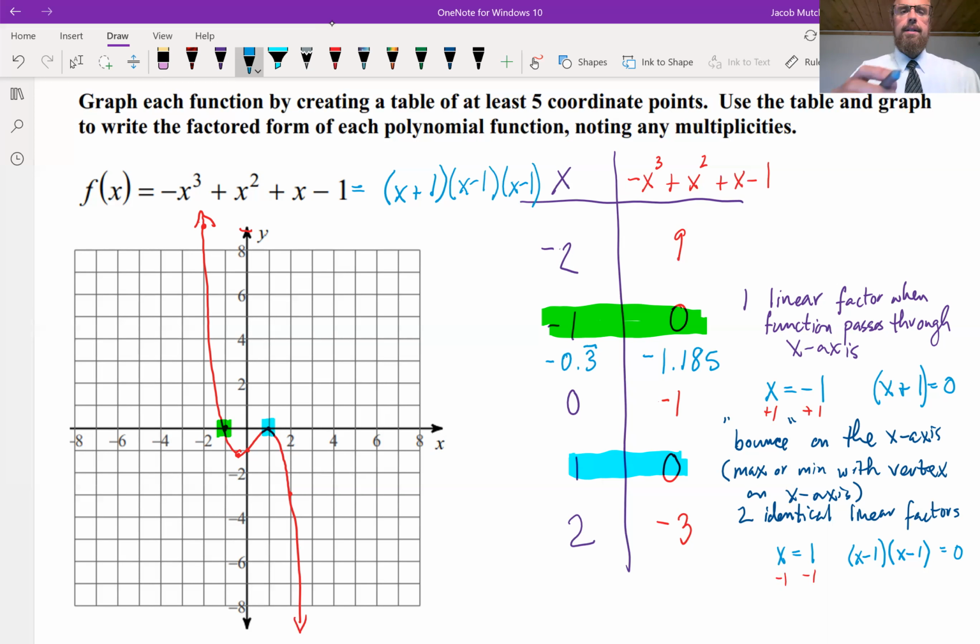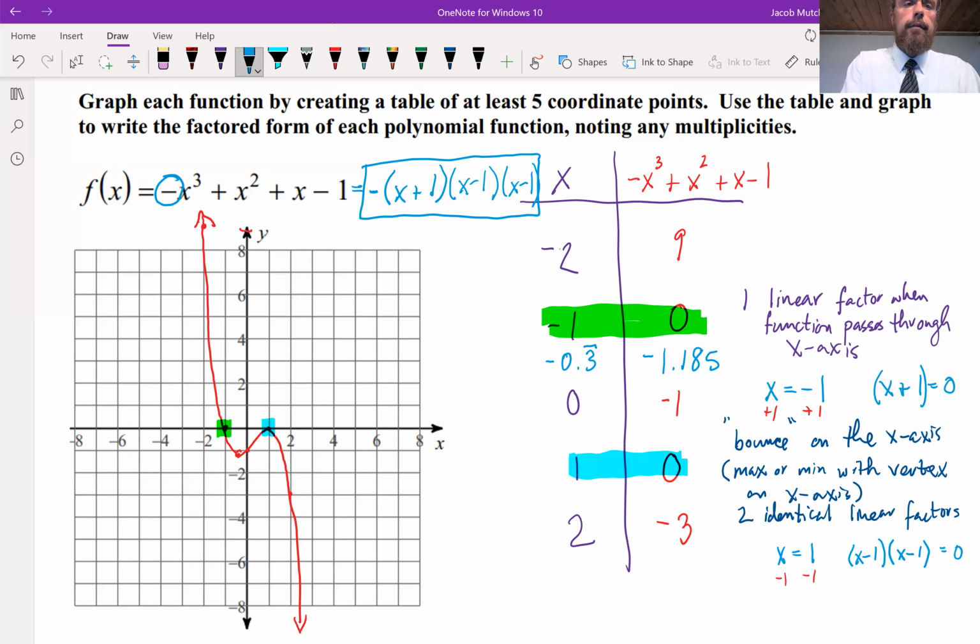A last thing that I need to note is that this had a negative leading coefficient. And so I've got to supply that myself out front. So the last thing you want to do is make sure that the leading coefficient matches the original. And I'm going to box that. So its factored form should be negative, parentheses x plus 1, parentheses x minus 1, parentheses x minus 1. And I'd like to prove in a second that that is actually the same function.